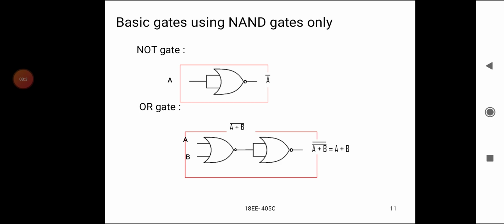One NOR gate gives A plus B whole complement. That is complemented by using the same inputs tied together and given to one more NOR gate. It will generate A plus B whole complement, whole complement, which becomes A plus B.